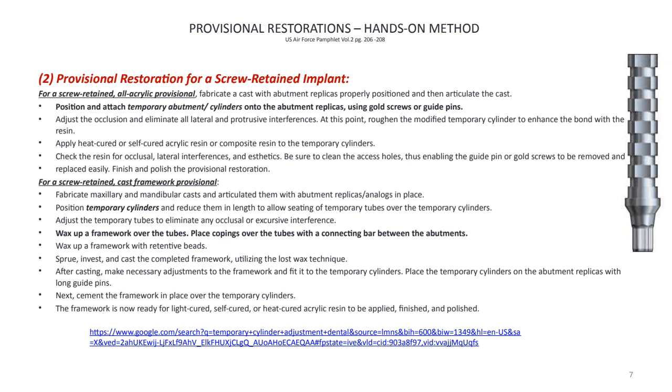and articulate them with the abutment replica and analog in place. Position temporary cylinders or abutments and reduce them again. Cut the abutments at the desired length and also, if it's necessary, modify them for the mesial, distal, lingual, or labial aspects.